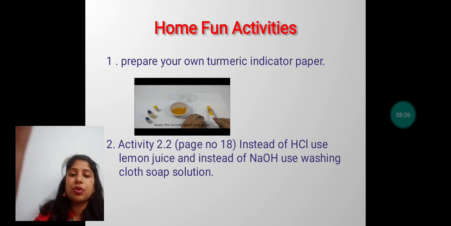Take your soap solution, detergent solution, shampoo, baking soda, and just dip the strips and see the color changes. Your second activity is from your textbook, page number 18, activity 2.2. Instead of HCl here, you can use lemon juice, and instead of NaOH, you can use washing clothes solution.